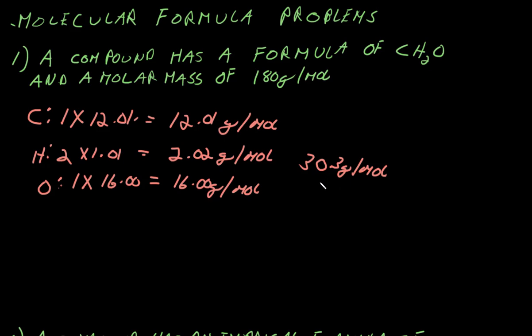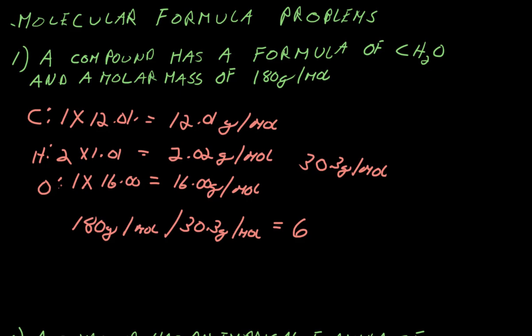So let's go ahead and take 180 grams per mole, and we are going to divide that by 30.3 grams per mole, and that's going to give us approximately a number of 6. So we know our molecular ratio is 6 times the empirical ratio.